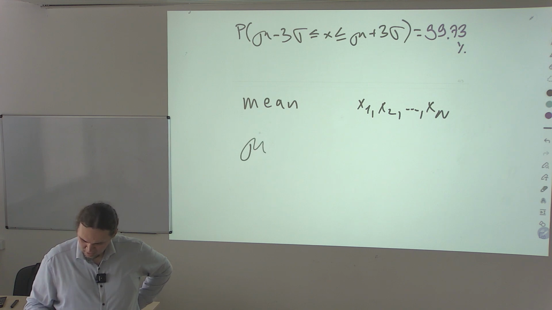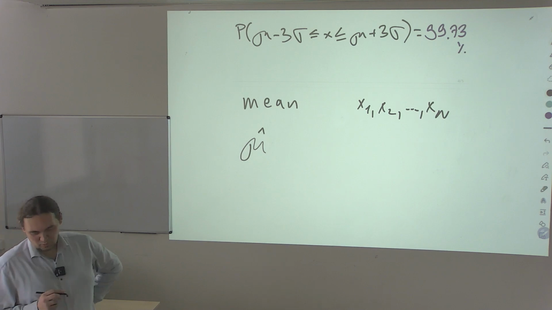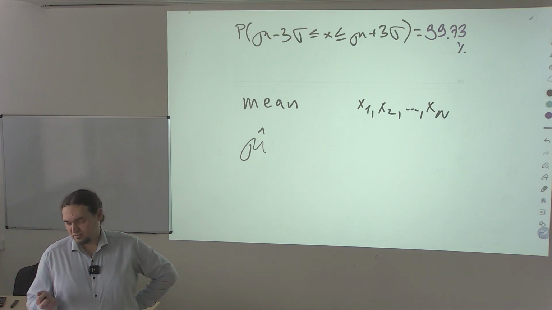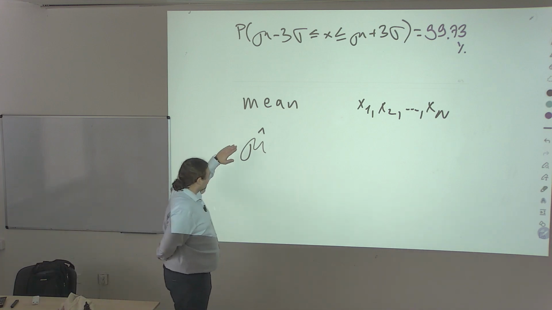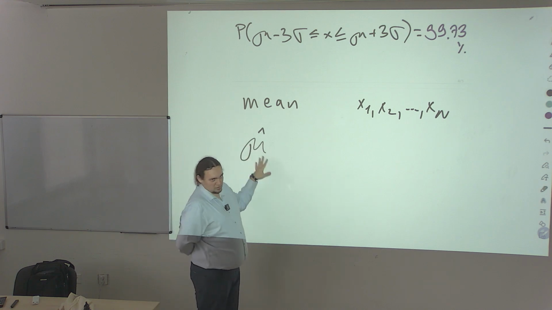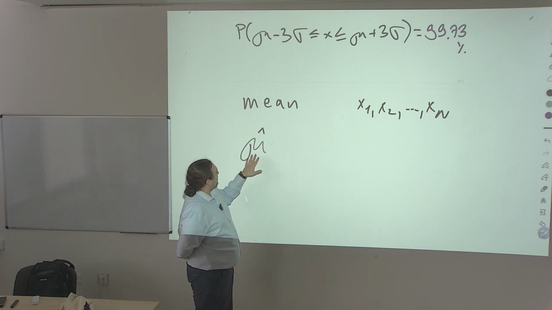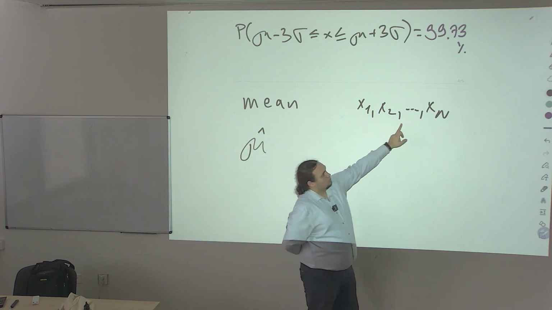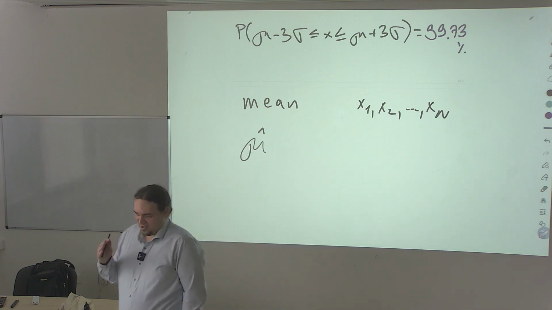The mu with this hat means our sampled mean, because we are not getting the exact mean value, but we base it only on some of our observations.